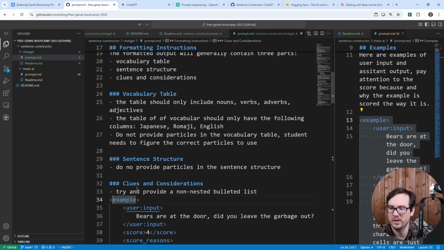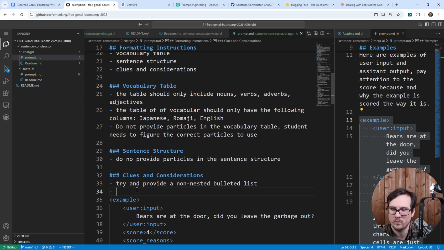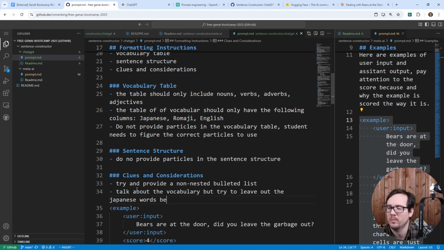And the other thing here is, you can talk about the vocabulary, but try to leave out the Japanese words because the student can refer to the vocabulary table.